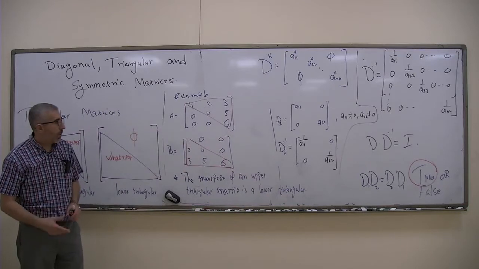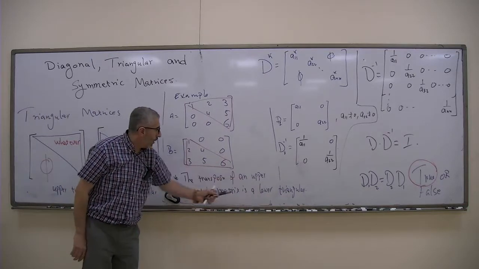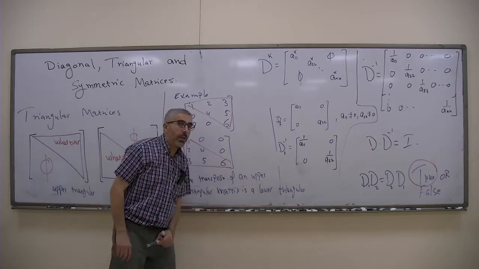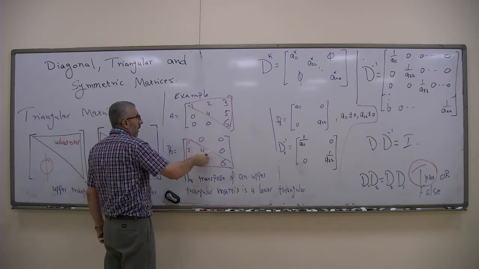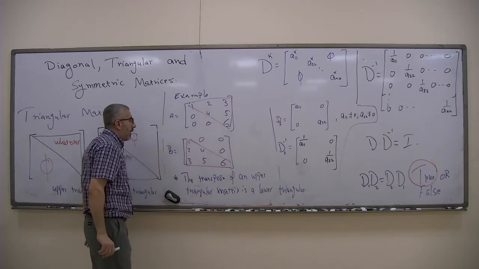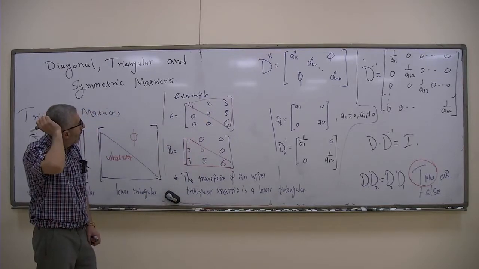And the other way around is true. The transpose of a lower triangular matrix is an upper triangular matrix. Remember, the transpose, you make the rows columns, correct? So this upper triangular becomes lower triangular. Okay?